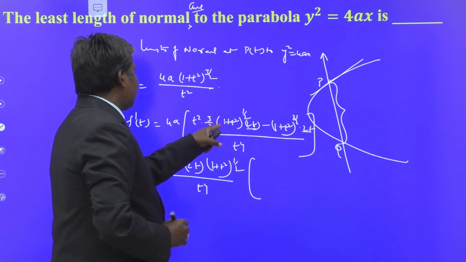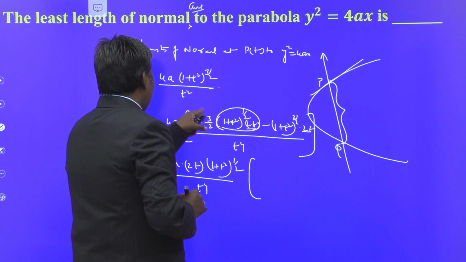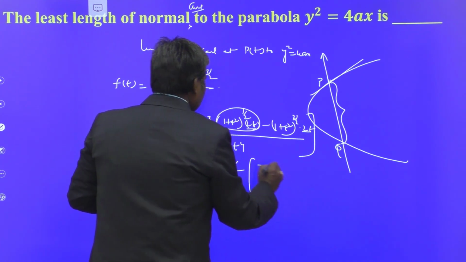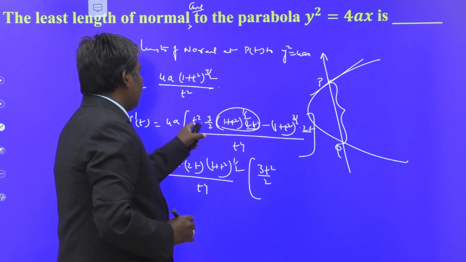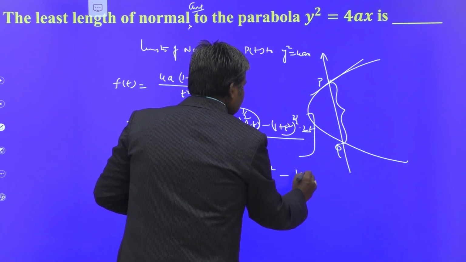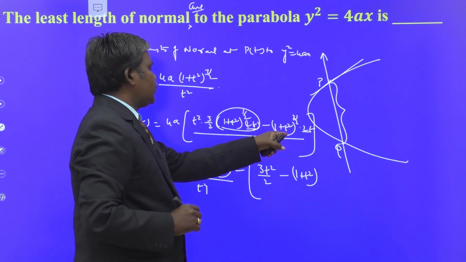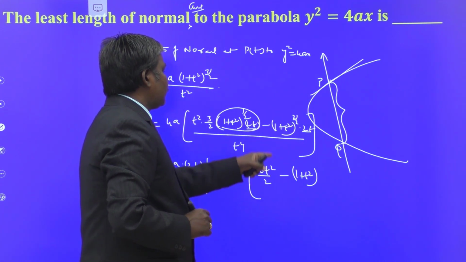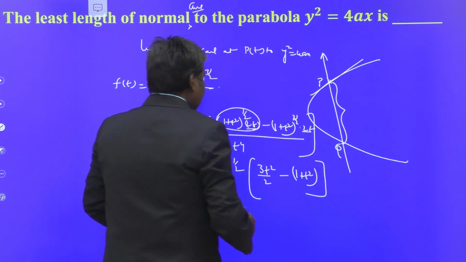Having taken 2t into 1 plus t square whole to the power of 1 by 2 common, we have t square into 3 by 2, that is 3t square by 2, minus 1 plus t square, which remains the same here. Because 1 plus t square power 1 into 1 plus t square whole power 1 by 2 is nothing but 1 plus t square whole to the power of 3 by 2.